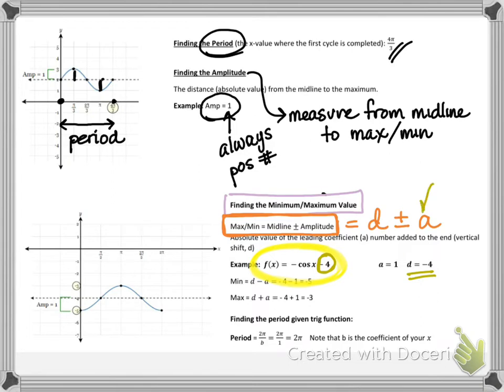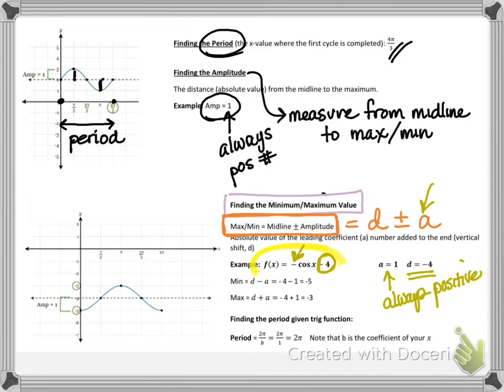My amplitude, A, is always going to be the number in front of your cosine or your sine. My A value there is a -1, but remember when you give me amplitude, it always has to be positive. Always positive. So that's where you got the 1 from. When you are evaluating the minimum and maximum, all you do is substitute your values.